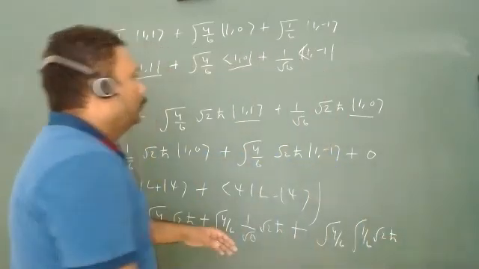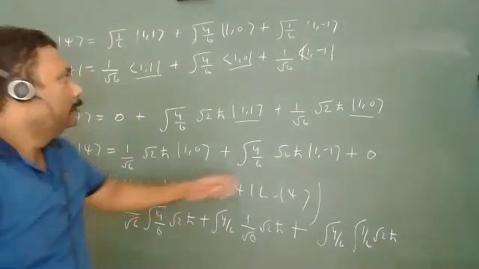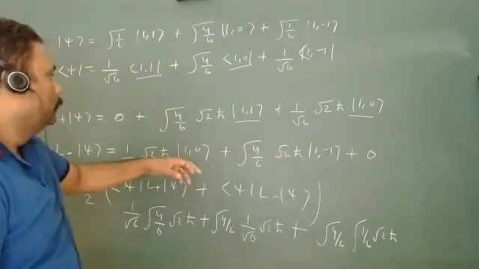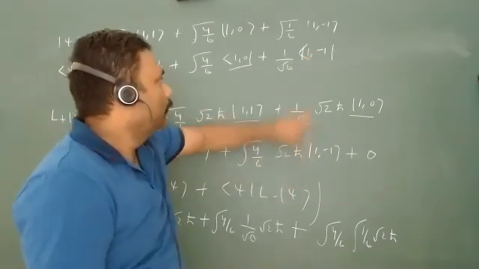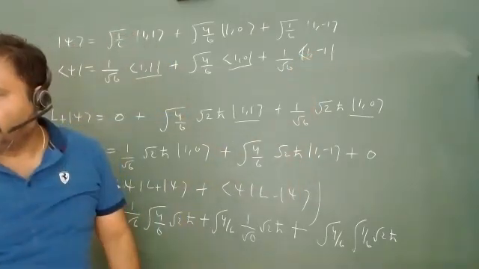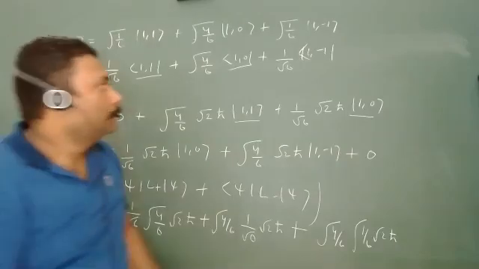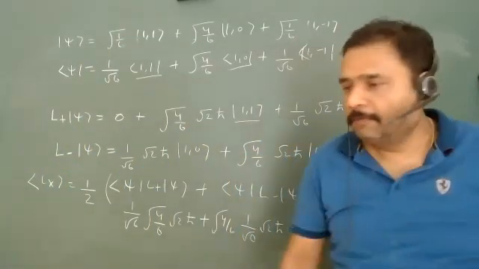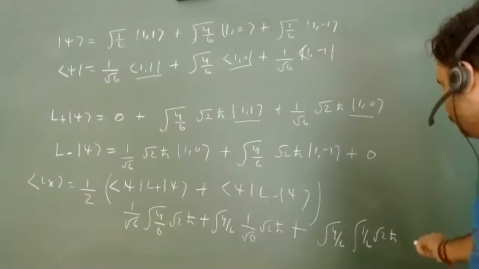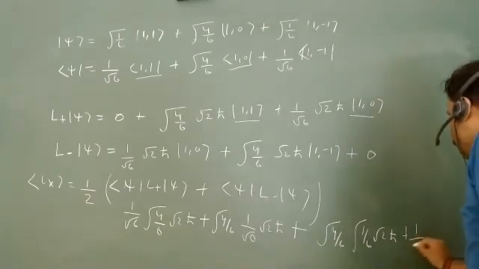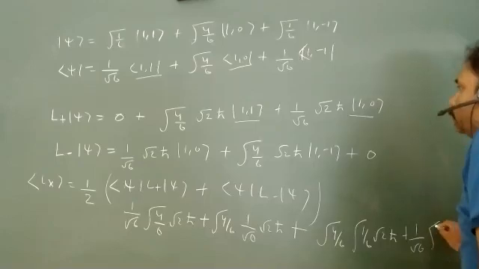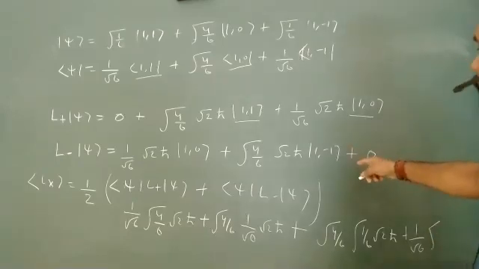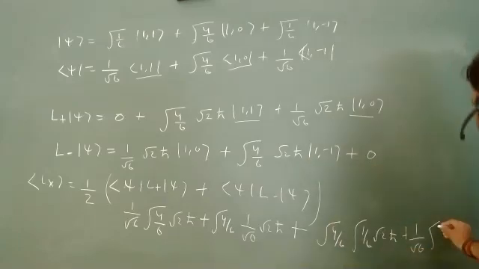And finally, this is going to couple with this one, isn't it? Both are minus 1. So what will happen? Next one is 1 upon root 6, and so this will be 4 upon root 6 and root 2.